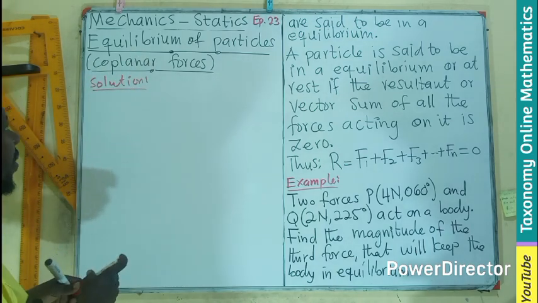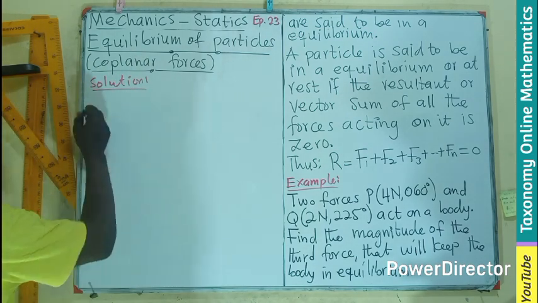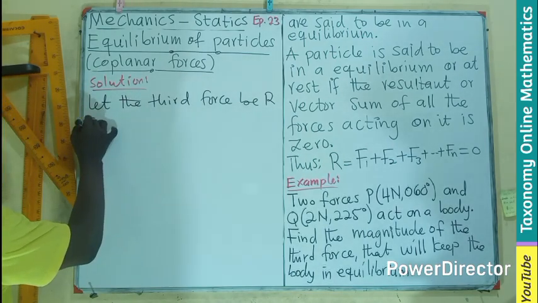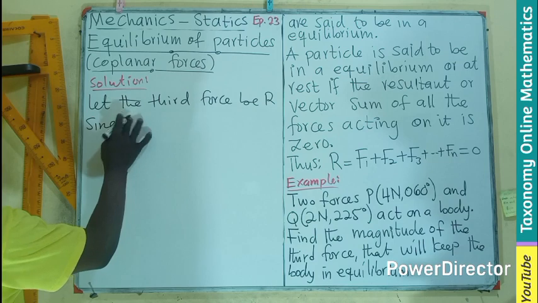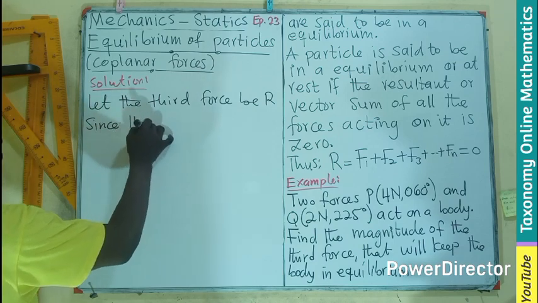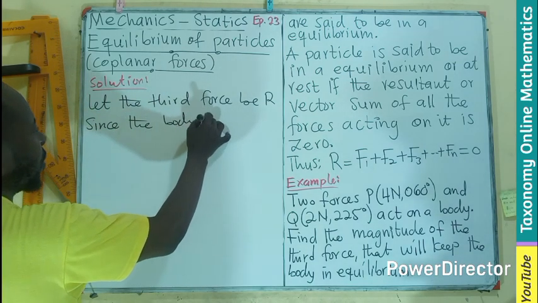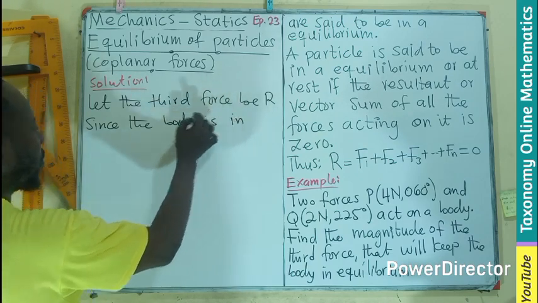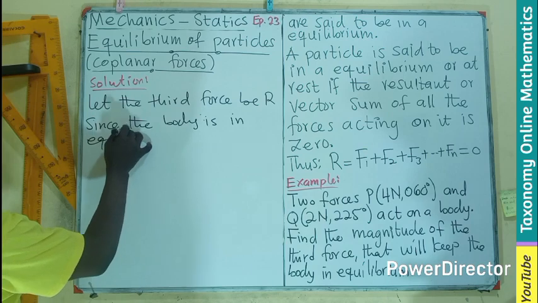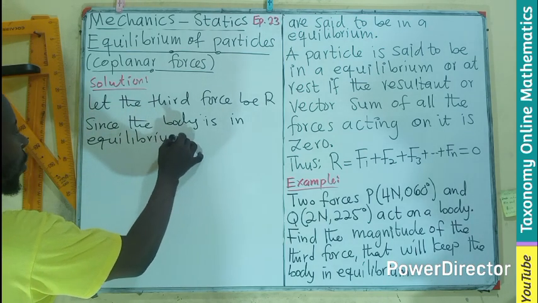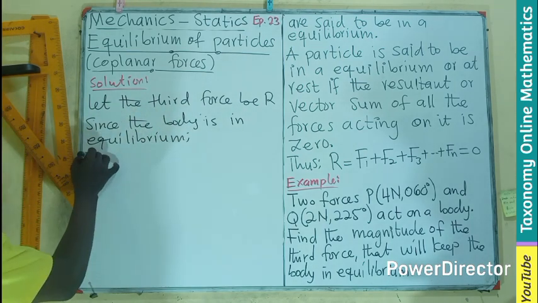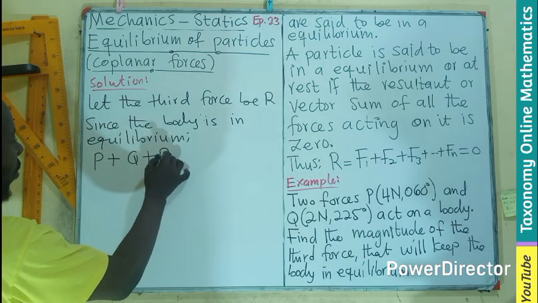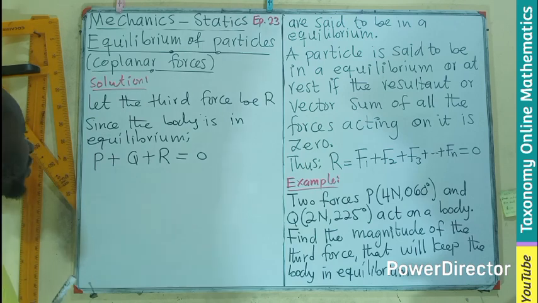So that means the title is different. So here we can say that let the third force be R. Since the body is in equilibrium, we can say that the first force P plus the second force Q plus the third force R all will give us what? 0.